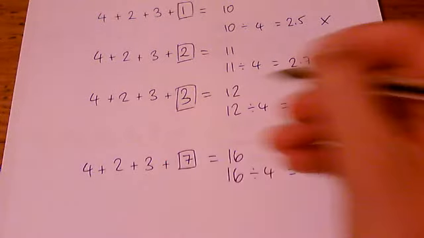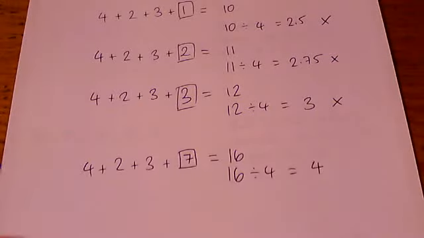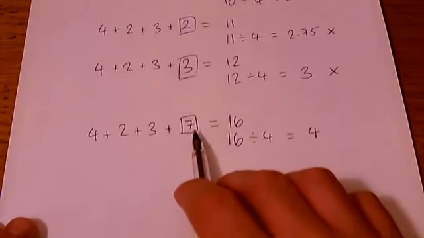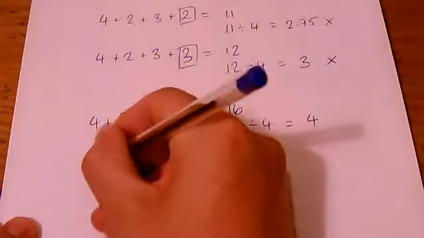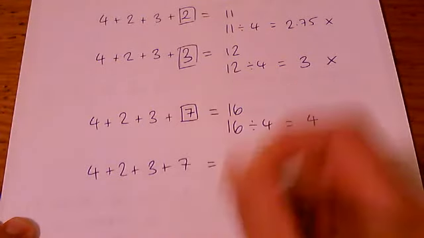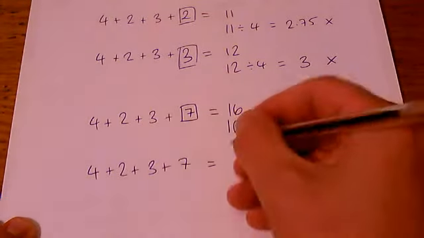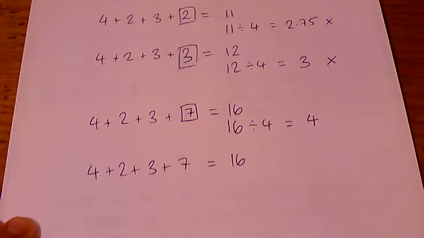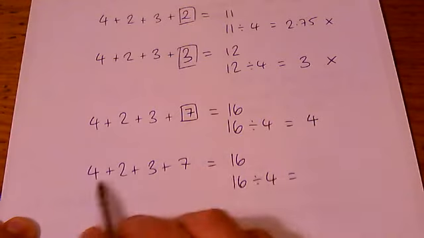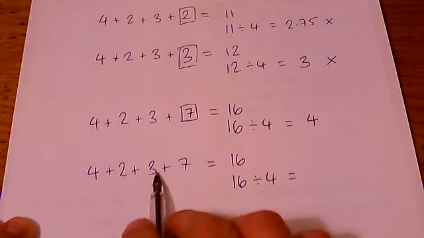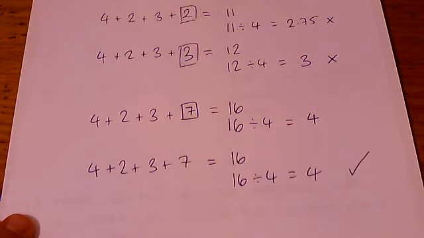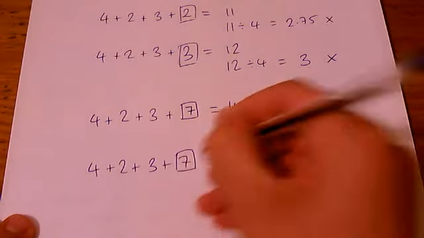I think the missing number is going to be a 7, but let's just check that. 4 and 2 add 3 add 7 makes, well, that's 10, that's 16, and then I divide by the number of numbers in your list to get a mean of 4. So the correct answer in this case was 7.